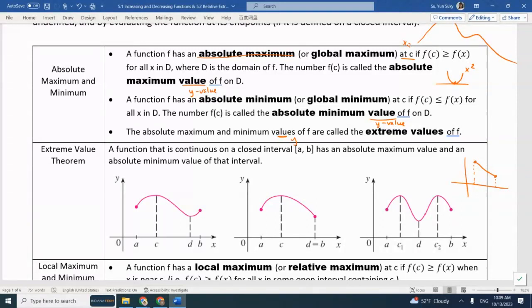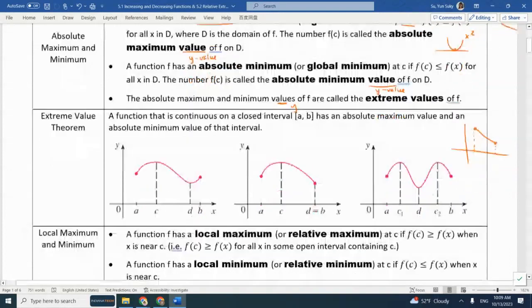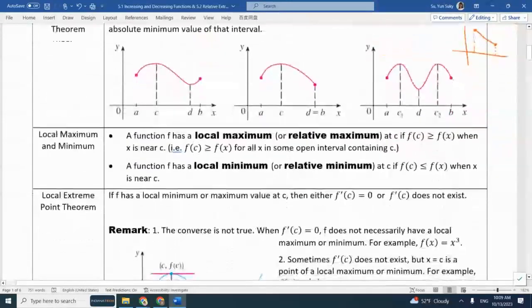Okay? So the two things you have to make sure of: the function must be continuous, and the interval must be closed. Then we are guaranteed to have an absolute maximum and absolute minimum. So far, so good? Okay. Next, local maximum.